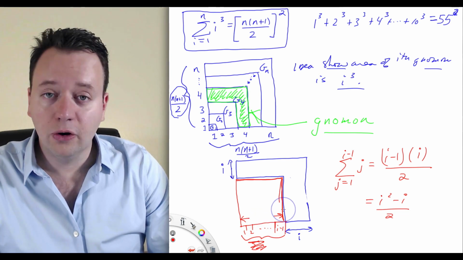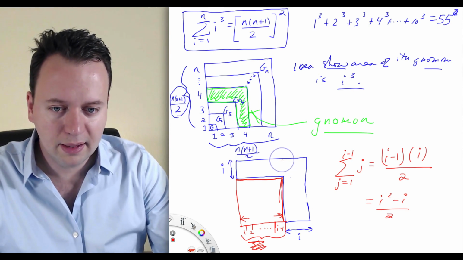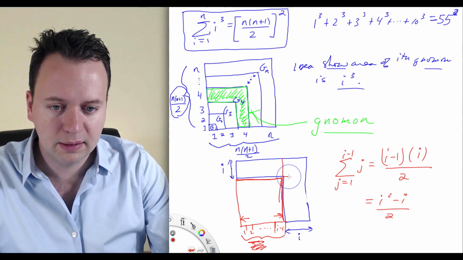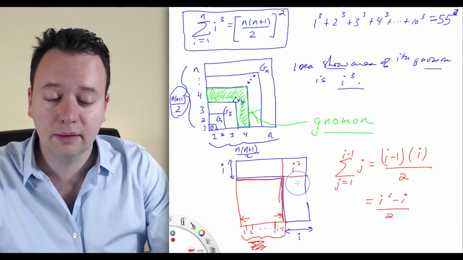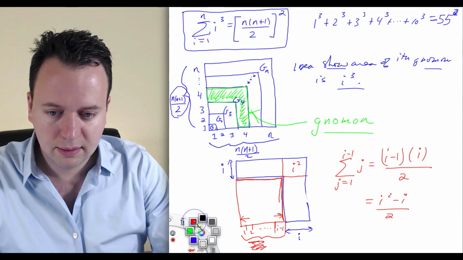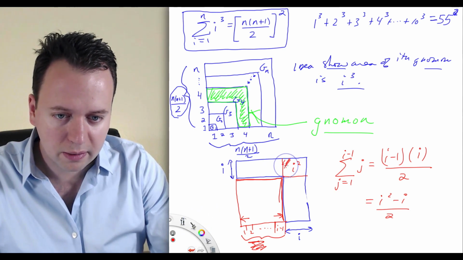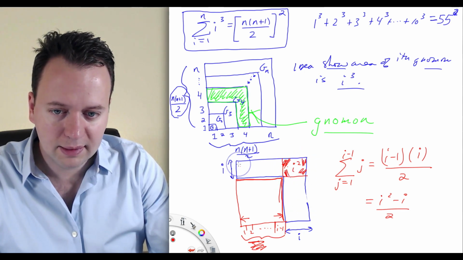Right. So we can divide this gnomon G sub i into 3 pieces. This piece is going to have area i squared, right? And then this piece, so this is i squared right here. Right, because we have i times i.